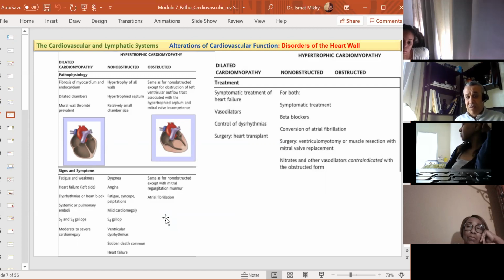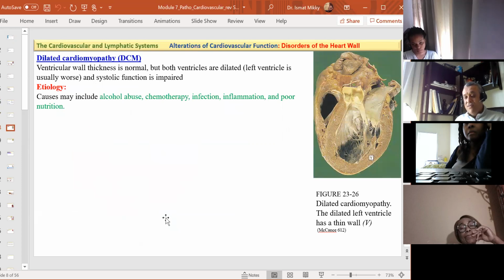I'm not asking for this information, but at least to know that we're trying to connect the patho and med-surg, because you will take med-surg next spring. So the hypertrophic cardiomyopathy, CMP, is either the non-obstructive or obstructive type. So for now, let's just focus on the three main types: the dilated, hypertrophic, or constrictive or restrictive type.